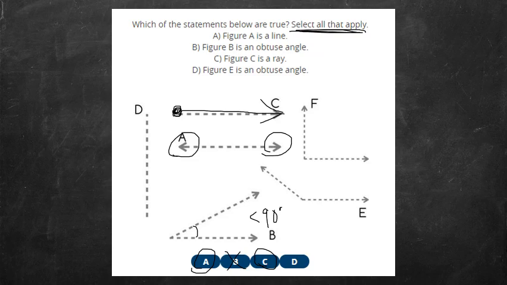Well, yeah, figure E must be an obtuse angle because figure B is an acute angle. It's a small angle. And figure E must be more than 90 degrees because it's a wide angle. So yes, figure E is an obtuse angle and answer D is a true statement. So my true statements would be A, C, and D.